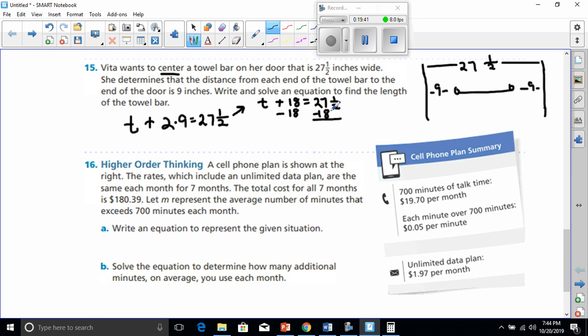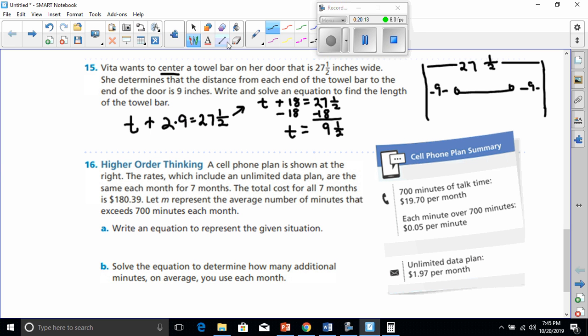And 27.5 minus 18 is going to be 9.5. I know that because 9 times 2 is 18, 9 times 3 is 27. So this has to be 9.5. Yeah, factors, right? So t has to equal 9.5. Oh, well, that was pretty easy. The towel bar has to be 9.5. We're talking inches, so 9.5 inches.